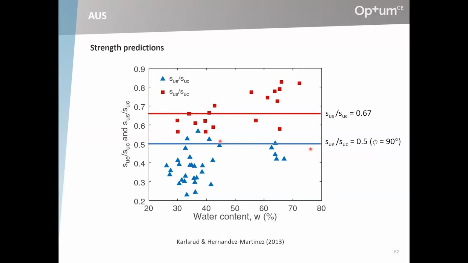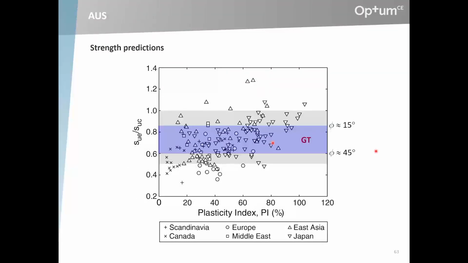So not exactly great fits, and a bit dubious with respect to the implicitly assumed effective stress behavior. And if you look at this as well, there's quite a bit of data outside the credible range of 0.6 to 0.85.